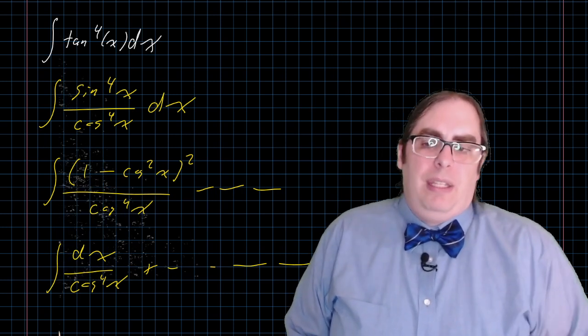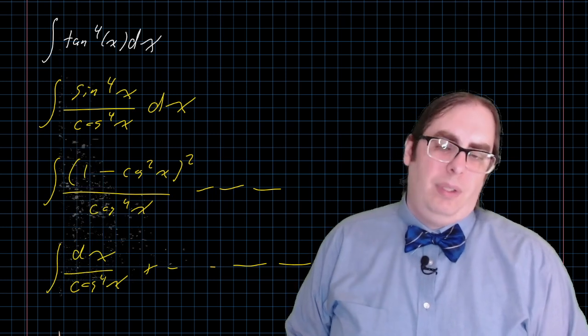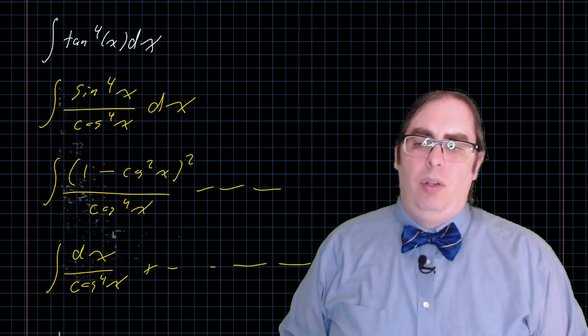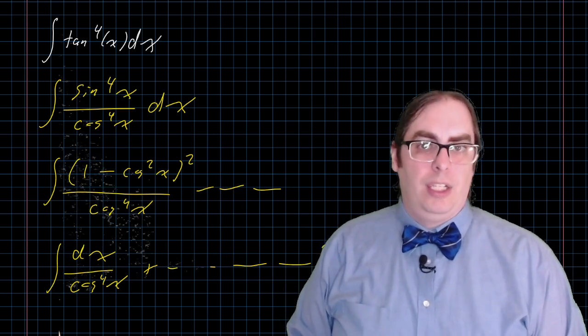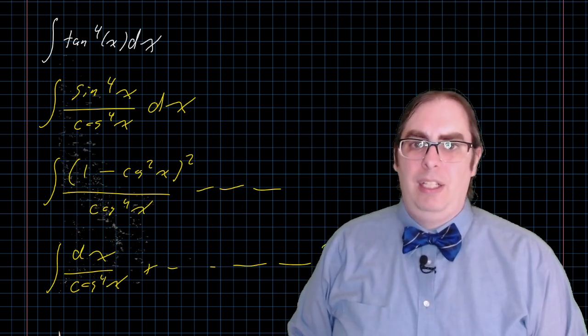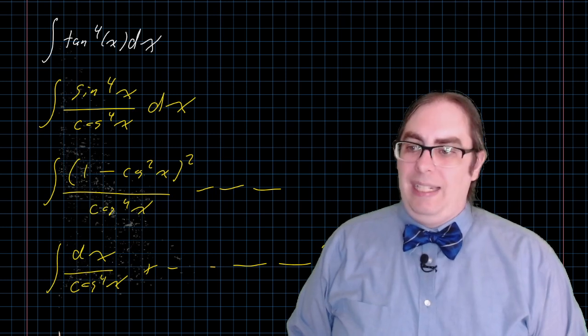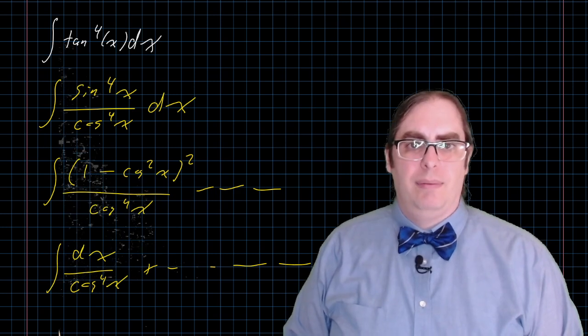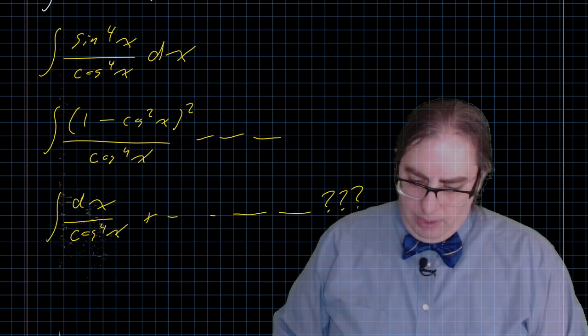If you end up with something that's a little bit more annoying, then, well, it's going to be a little bit more annoying. If you can't find anything else, rewriting things in terms of sine and cosine is a method of last resort, and it is that because really it's just doing the same things over again. All right.